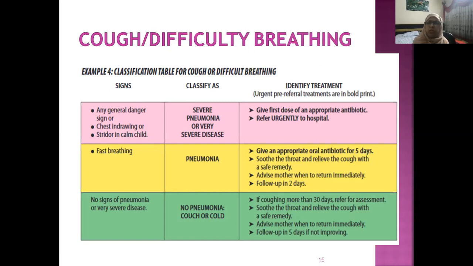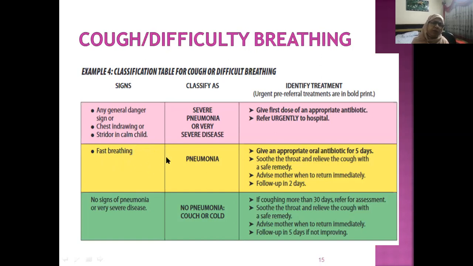You should follow the classification of your book. Here, fast breathing or chest indrawing. So what is the difference here? The severe chest indrawing, here is chest indrawing. So you have to look for fast breathing. And now I'm going to tell you in my next slide what is fast breathing.